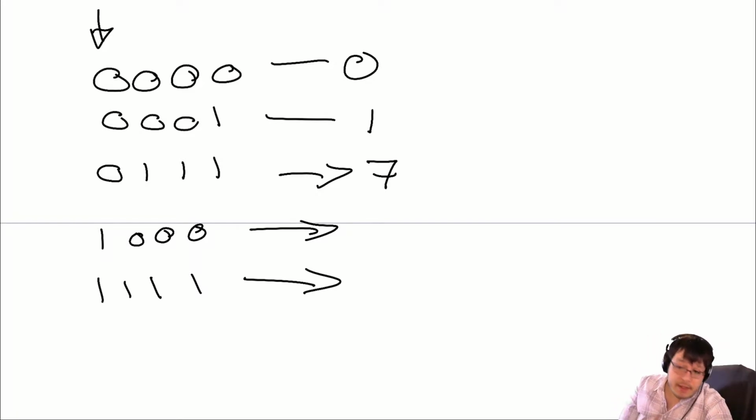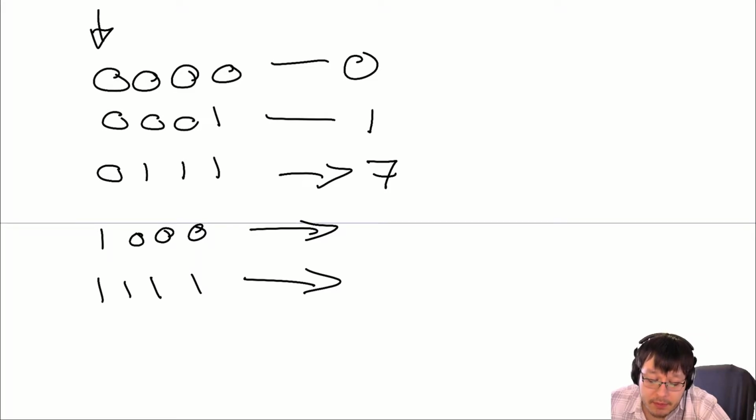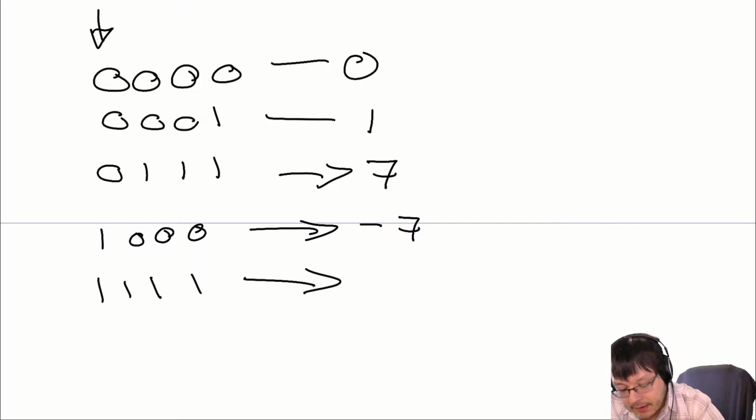But it's not going to be -0. It's actually going to be the biggest negative number that we can have, which would be -8 or -7. Negative 7, I think. Yeah, I think -7.